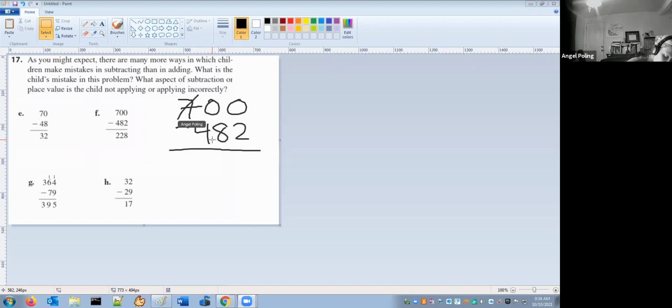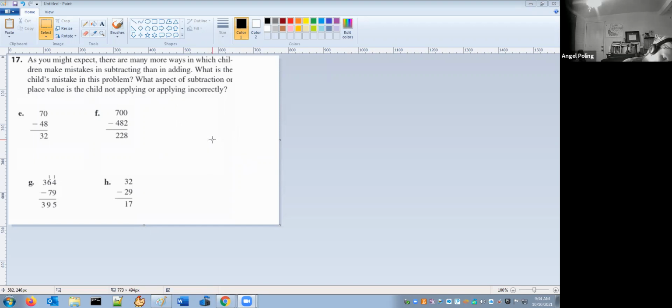So they did borrow 1 from the 600, but they gave it to both, right? So then they got an 8 and a 2 and a 2 for 228. So here they borrowed, but gave 10 to both place values.